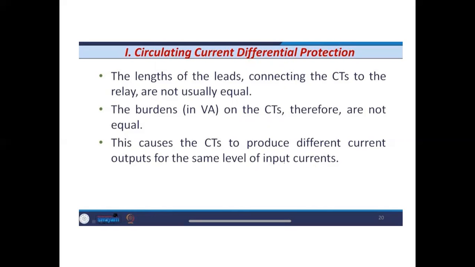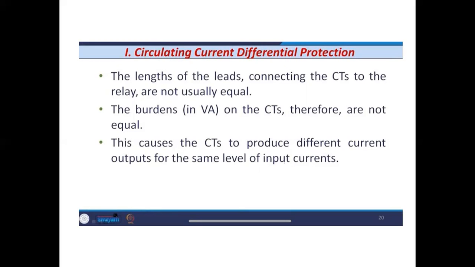During normal condition and in through fault condition, a differential current of very small magnitude always flows through the operating coil of the differential relay, and hence the simple differential protection scheme is not actually beneficial when we consider bus bar protection.